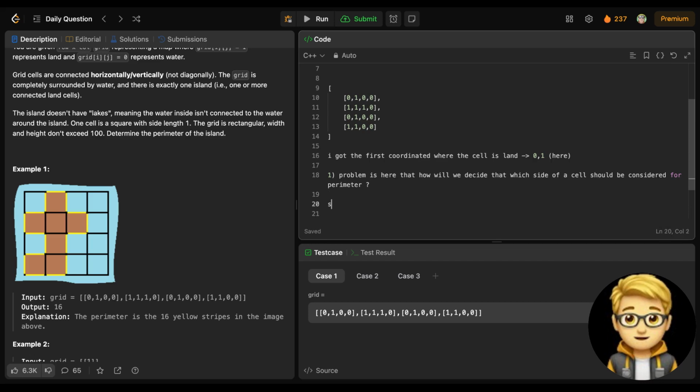So what will be the solution for this? An observation, just an observation.